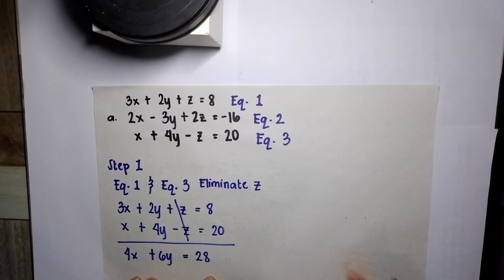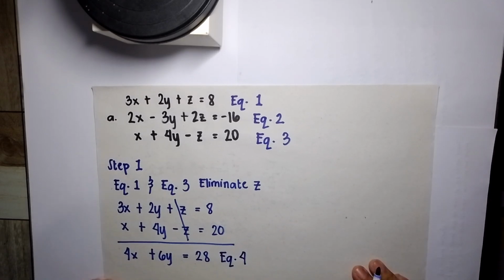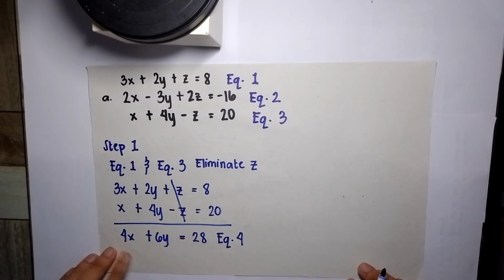Now we are done eliminating letter z. The answer, 4x plus 6y equals 28, will be our equation 4.